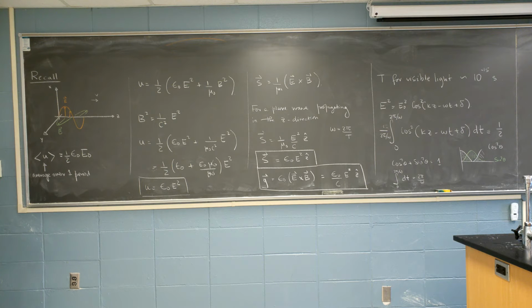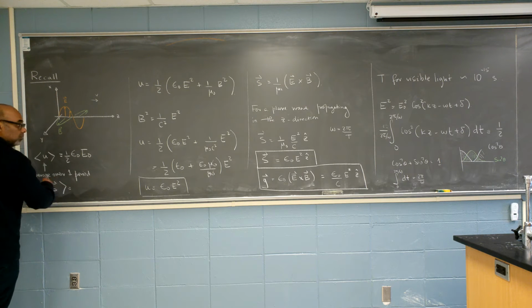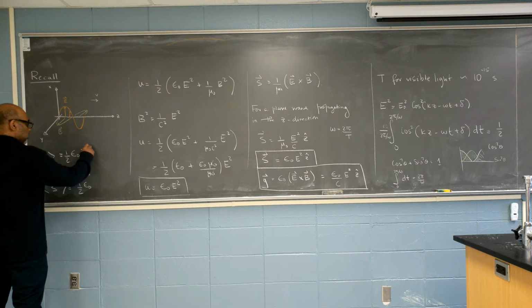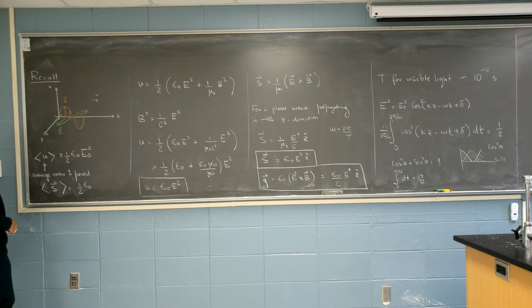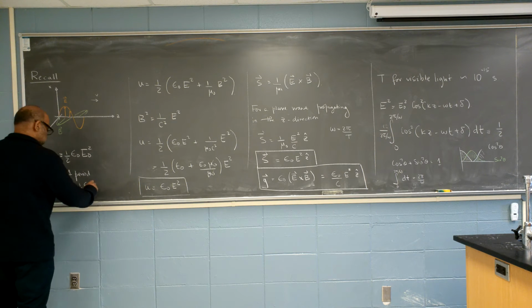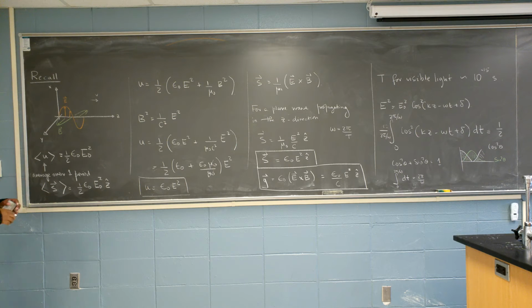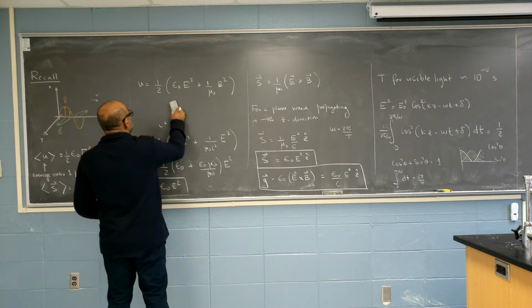Yeah? What about the average of S? Well, that's easy. I put 1/2 epsilon naught E0 squared. And put the momentum squared.